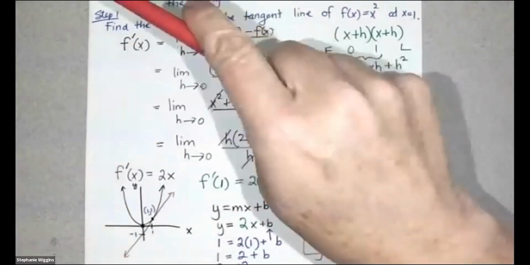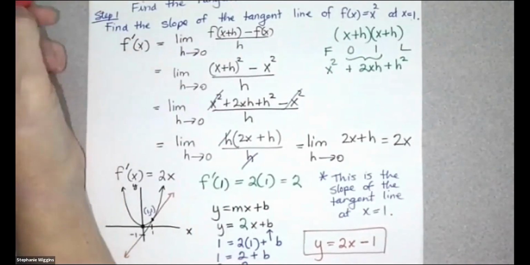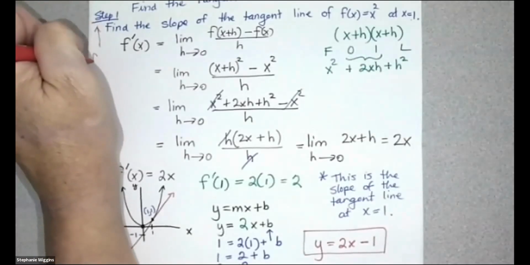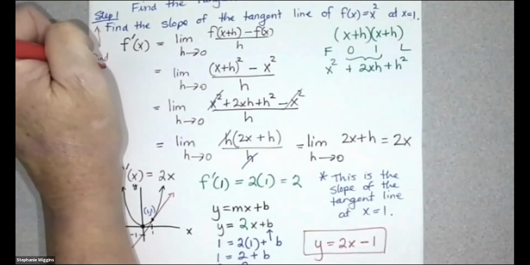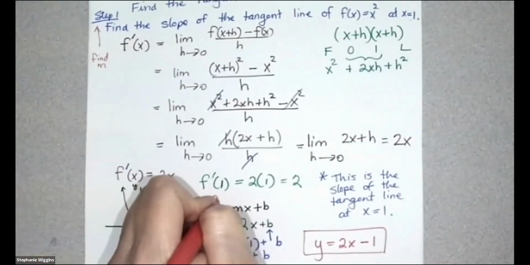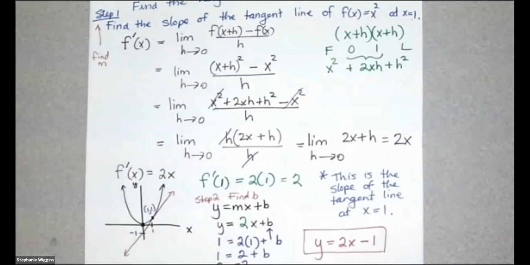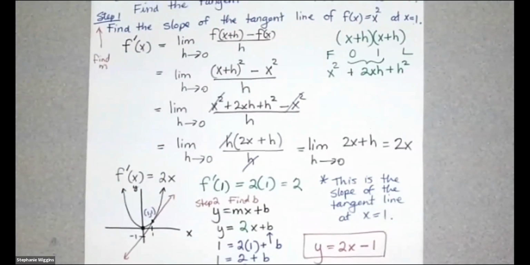Now I wrote step 1 here. Step 2, I suppose, would be to find the b. Step 1 is find m, and step 2 is find b. Okay, any questions on this before we move on?